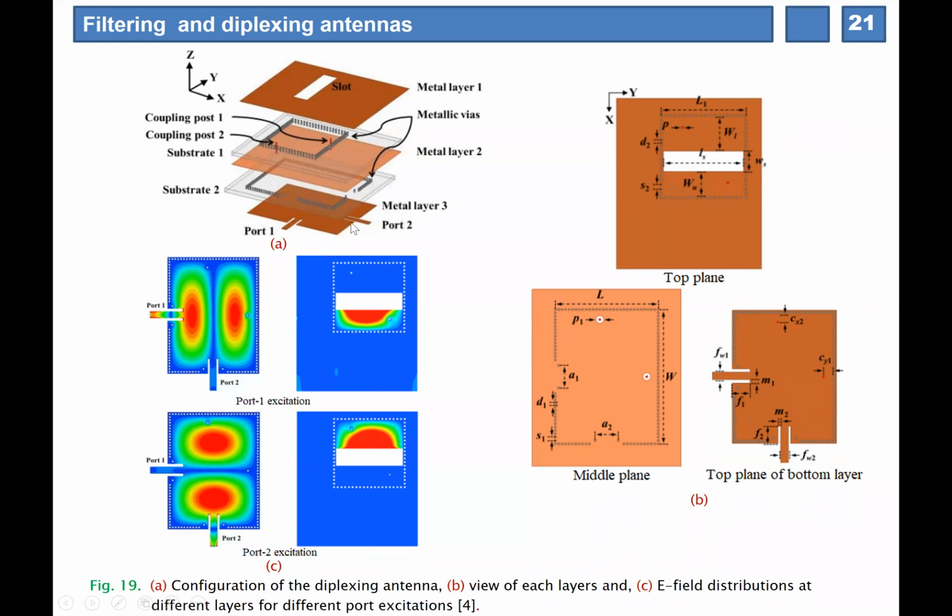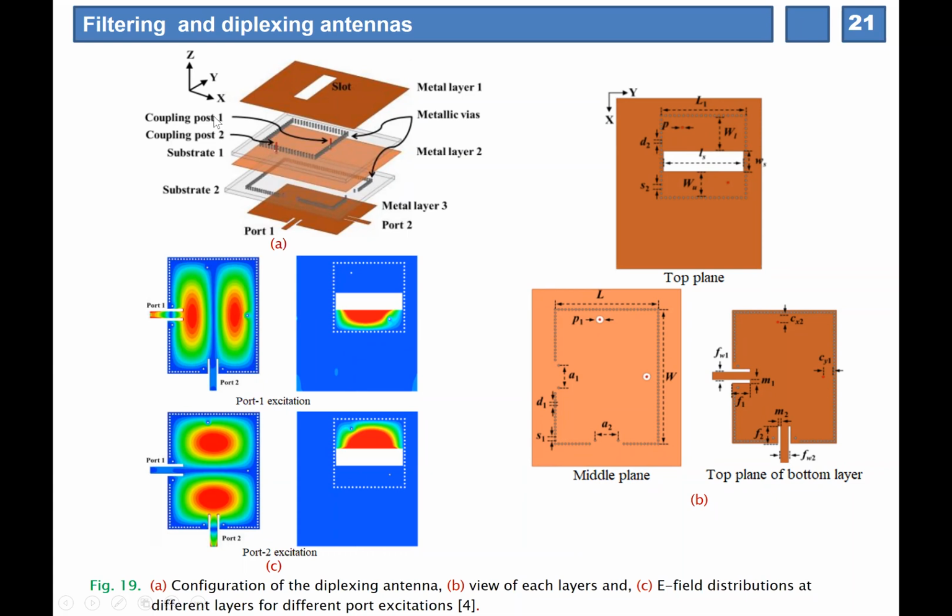Now you can see this is a layered structure. So at the lower part, the bottom layer, then the middle layer, then the top layer. Energy coupling between the layers is through coupling post 1 and coupling post 2.